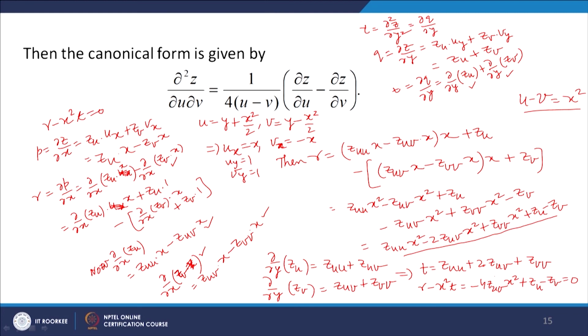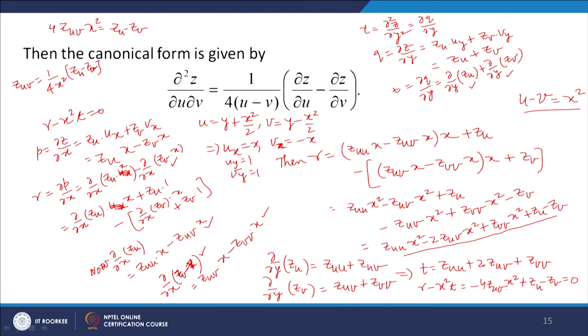Or we can say, taking this term to the other side, 4 zuv into x square is equal to zu minus zv. Or I can say zuv is equal to 1 by 4 x square into zu minus zv.